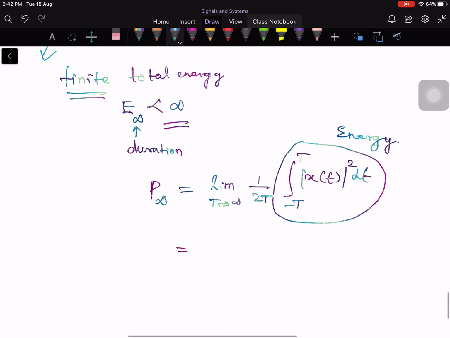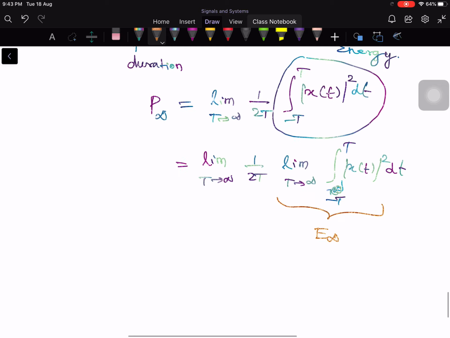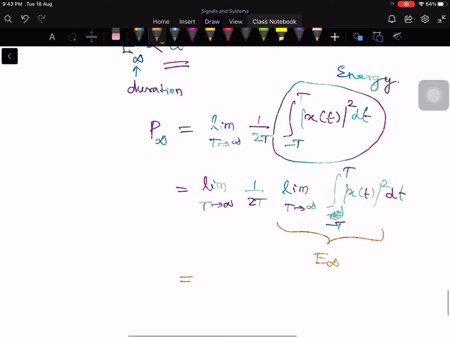So you can say limit T goes to infinity 1 over 2T, times the integral from minus T to plus T of x squared of t dt. Now this one is E infinity by the definition, please recall. So therefore, limit T goes to infinity, 1 over 2T times E infinity.